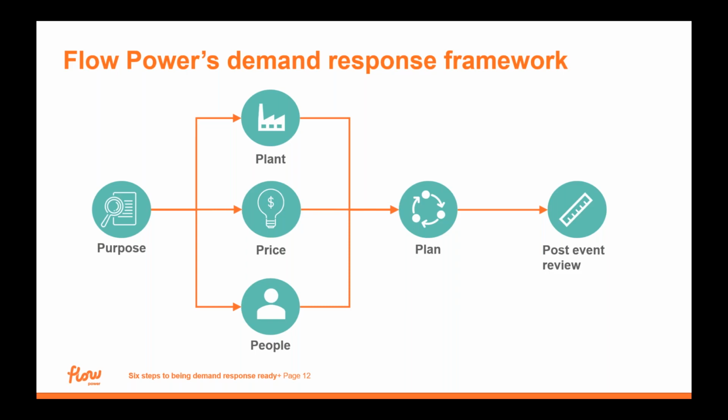The first point we want to talk about is the purpose. Why are you implementing demand response? Are you looking to save money to reduce cost, or are you looking to introduce a new revenue stream to your business? We then need to look at your operations and which pieces of plant are capable of switching load. What can you reduce load to, or do you have storage capacity within your manufacturing portfolio, or say dam storage if you're an agricultural customer?